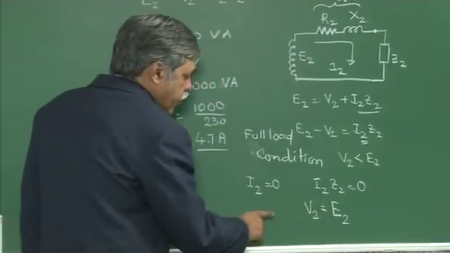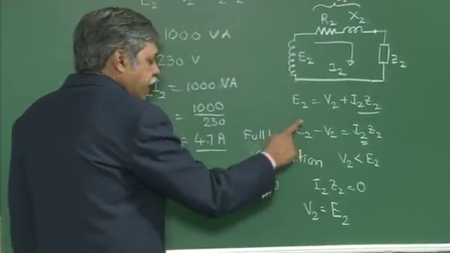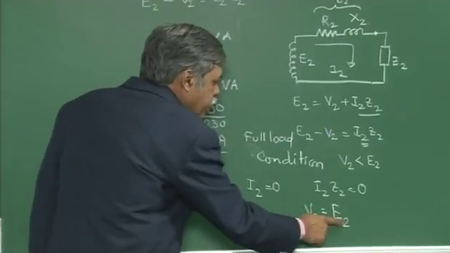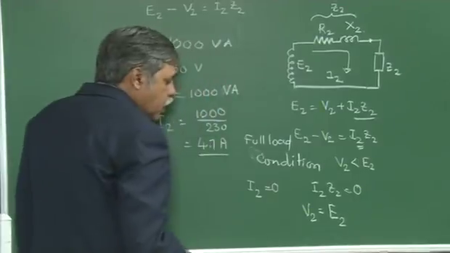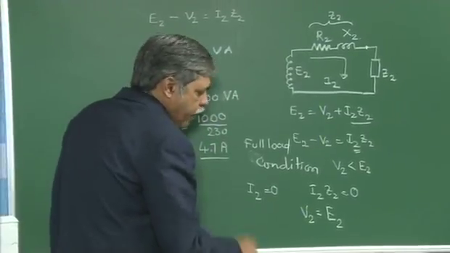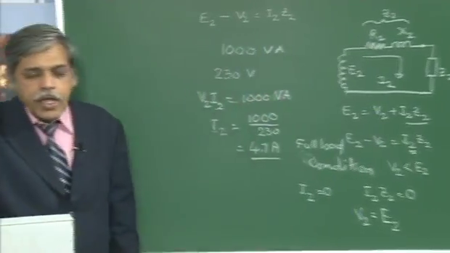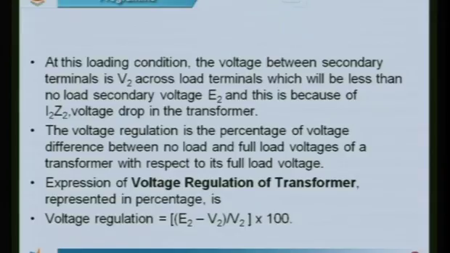Under no load condition, you can see the voltage is rising from V2 to E2, and under full load condition V2 will be less than E2. This voltage rise, expressed as a percentage of full load terminal voltage, keeping the primary voltage constant, is called voltage regulation.